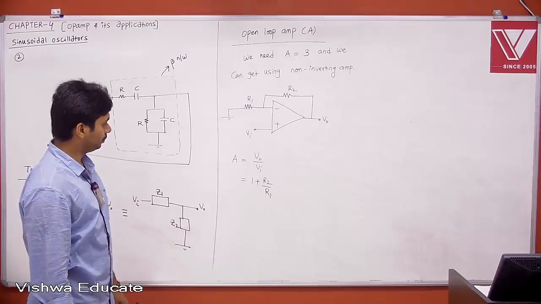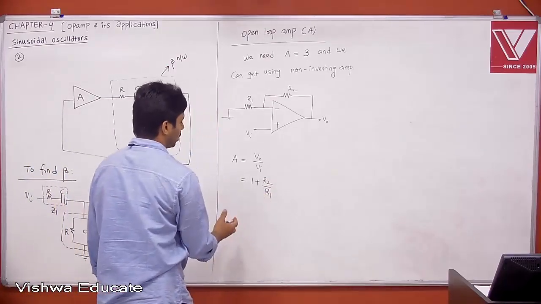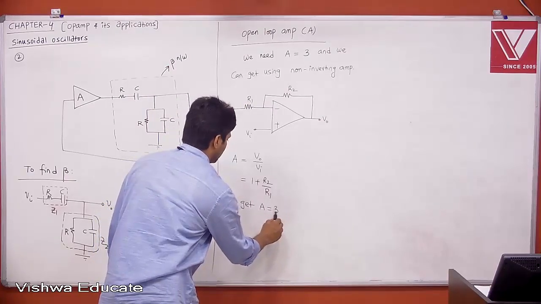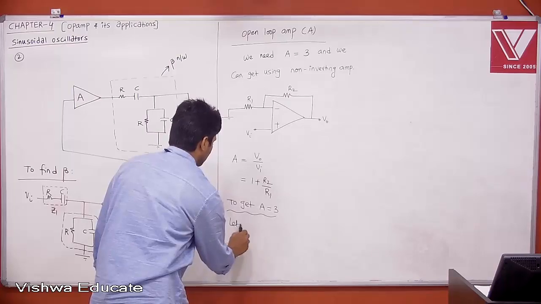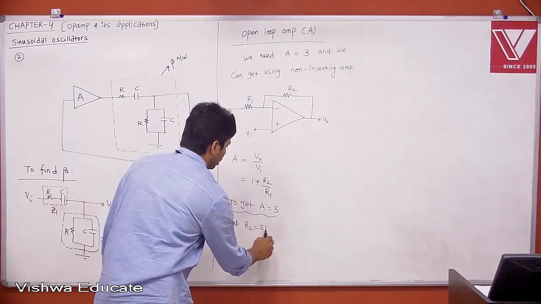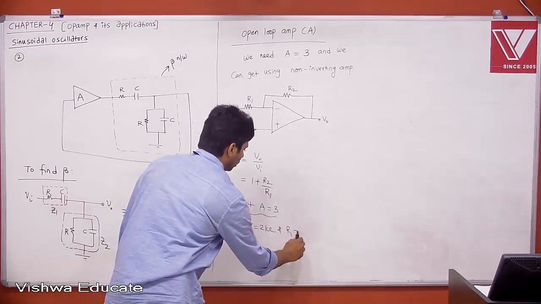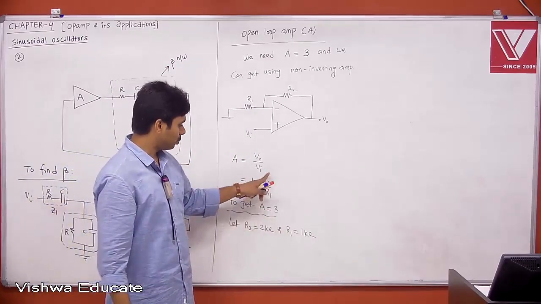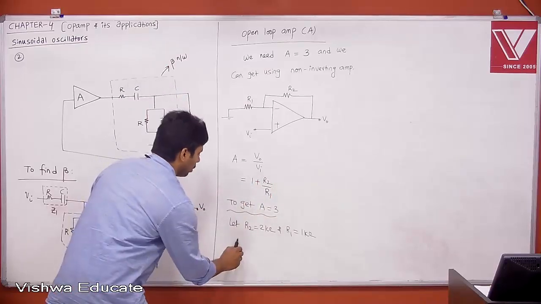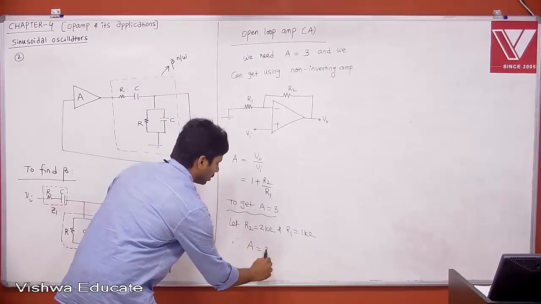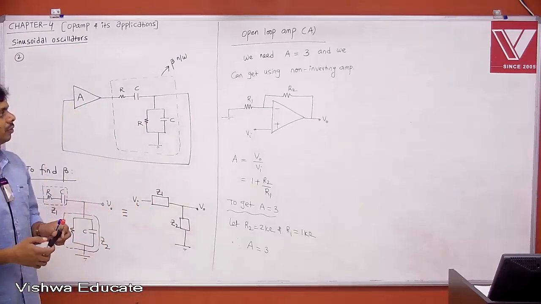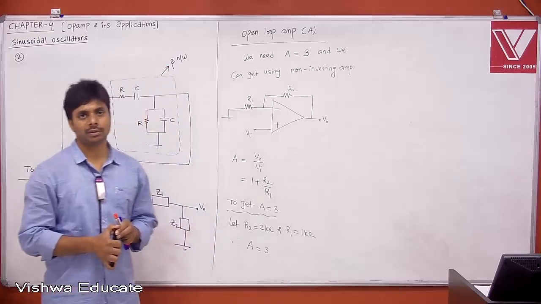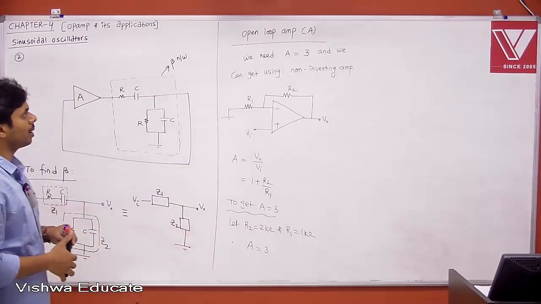Therefore, to get open loop gain 3, let R2 be equal to 2 kilo ohm and R1 equal to 1 kilo ohm. R2 2K, R1 1K, 2K by 1K is 2, 1 plus 2, therefore your A is equal to 3. That is easy, right? If you take a non-inverting amplifier using Opamp, we can get gain of 3. That is straightforward.